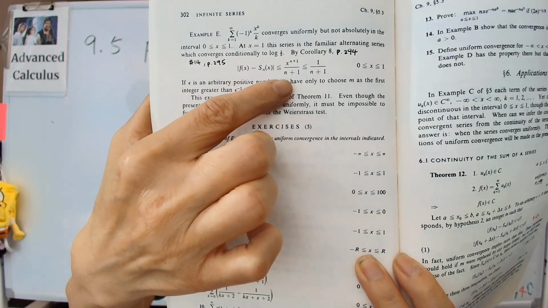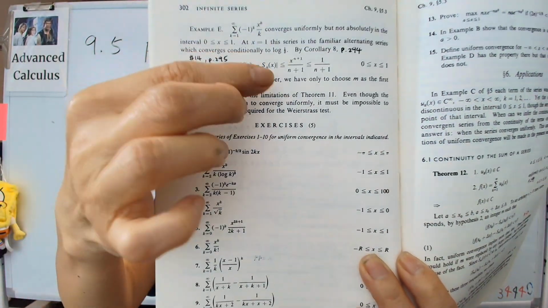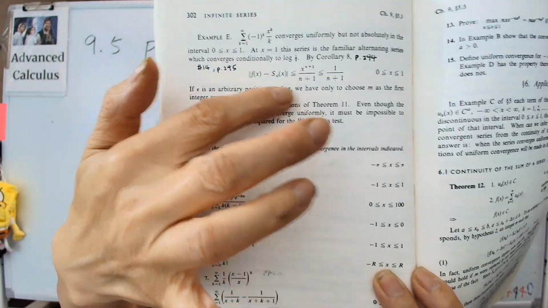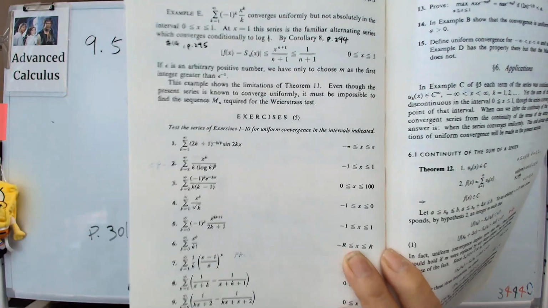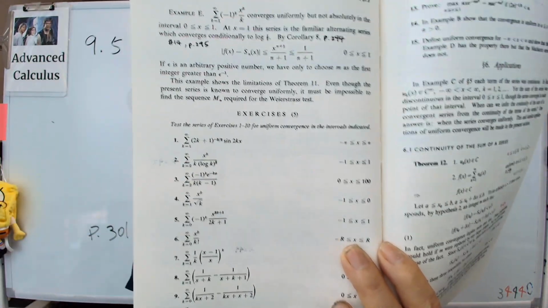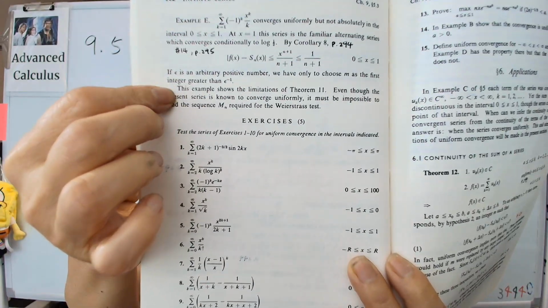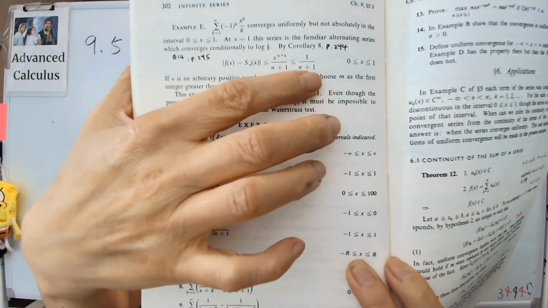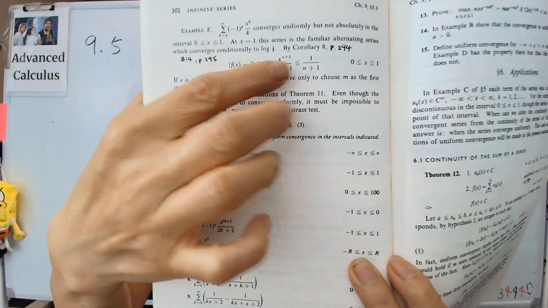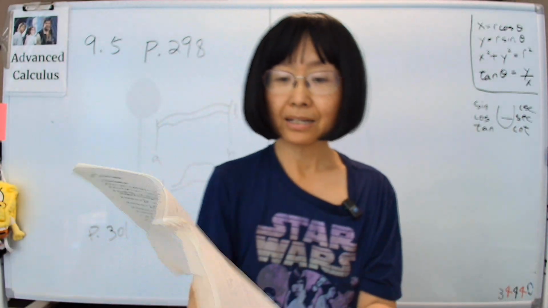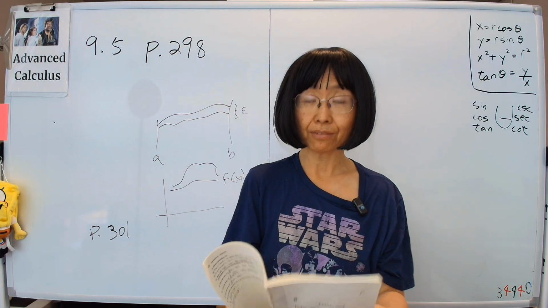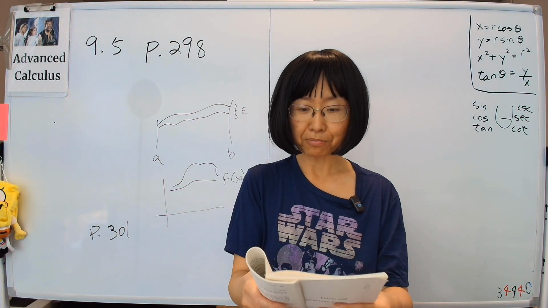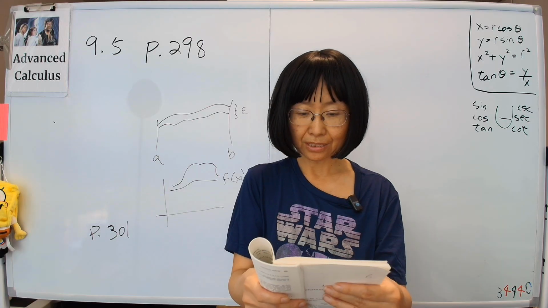This proves that f of x is uniformly convergent, because as n goes to infinity the difference goes to 0, so it can be bounded by epsilon, and we choose m big enough such that all future differences are less than 1 over n plus 1. So that proves that this function converges in a uniform way. And of course, it doesn't converge absolutely.